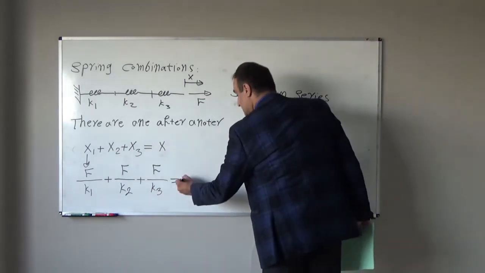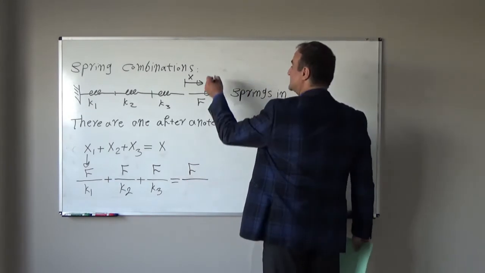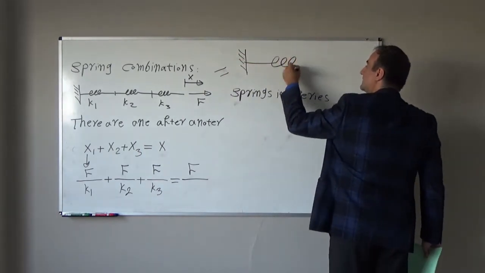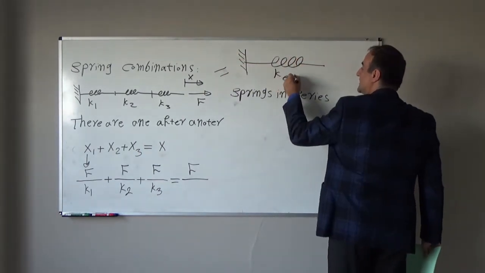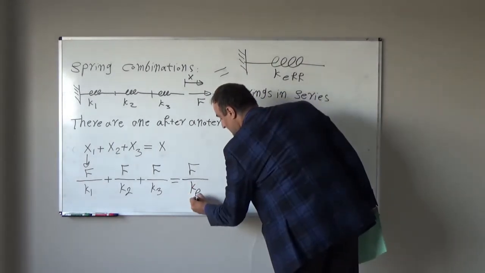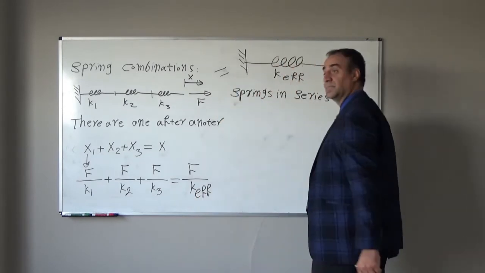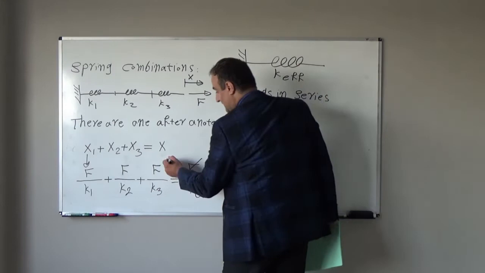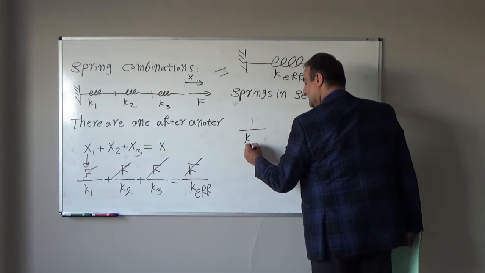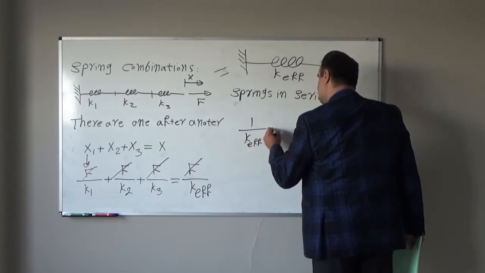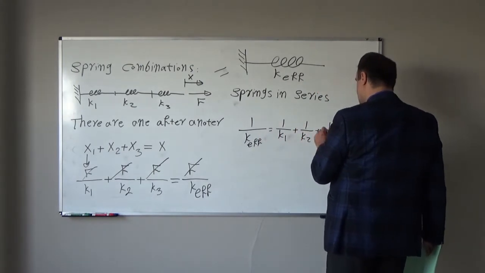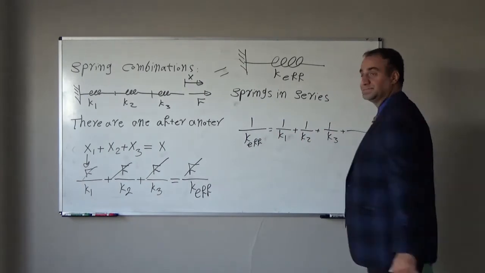Total deformation will be the deformation of that equivalent spring. I want to substitute these springs with one other spring, so deformation will be F divided by K effective. From here, F will cancel from both sides, and 1 over K effective will be equal to 1 over K1 plus 1 over K2 plus 1 over K3 and so on.